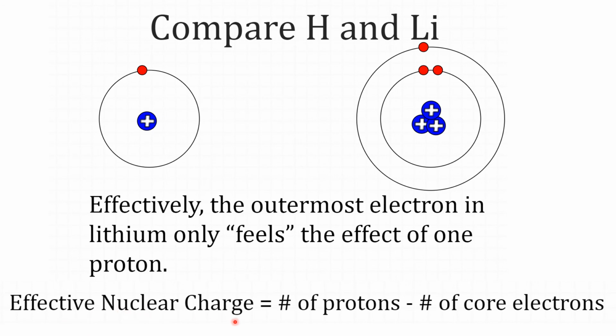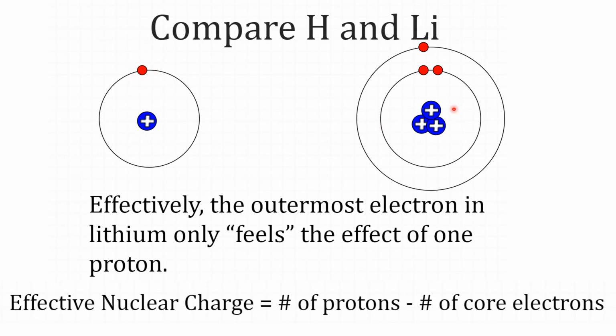It means how much nuclear charge the electron is actually feeling, and it can be calculated as the number of protons minus the number of core electrons. For hydrogen, the number of protons is 1 and the number of core electrons is 0, so the effective nuclear charge is 1.